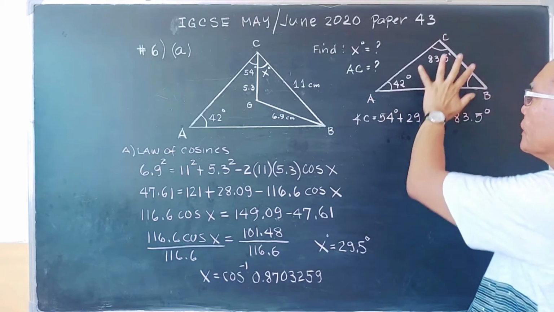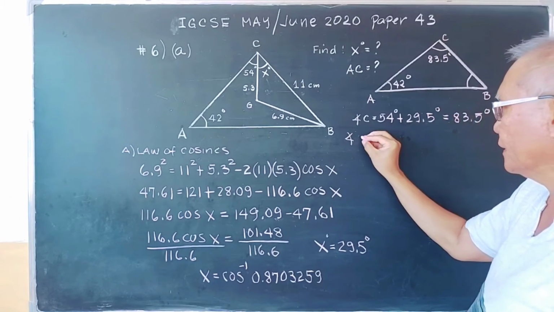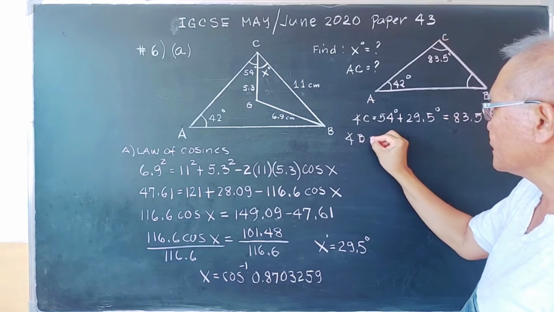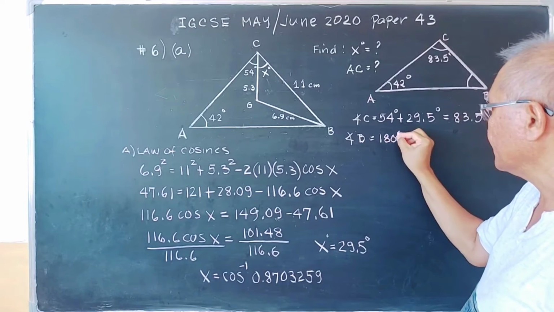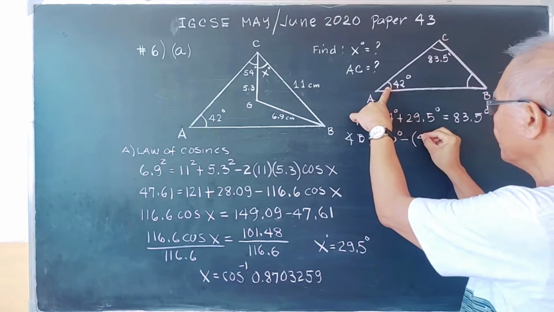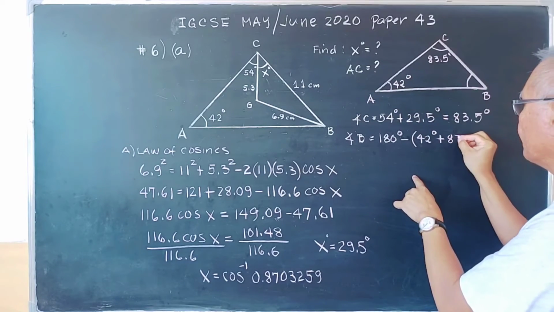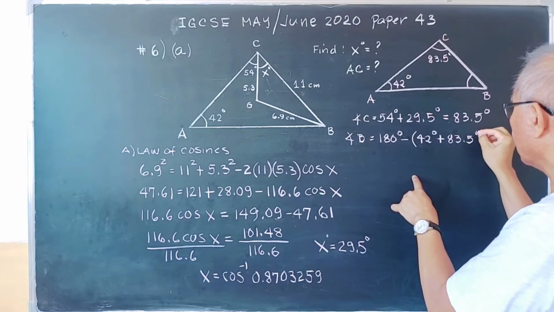So angle B, we know the sum is 180 degrees. So angle B is equal to 180 degrees minus 42 plus 83.5 degrees.